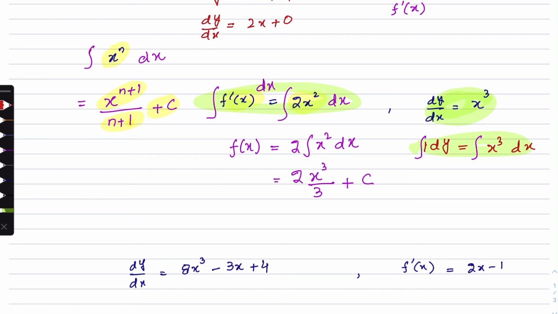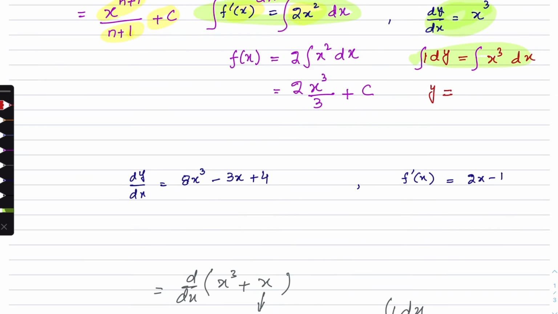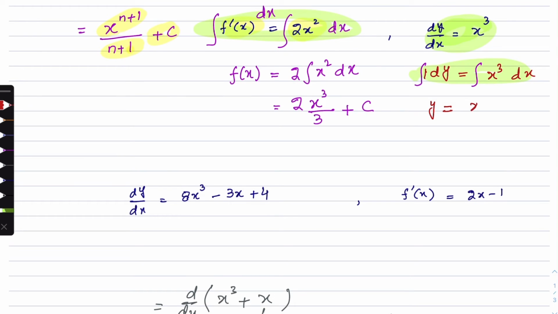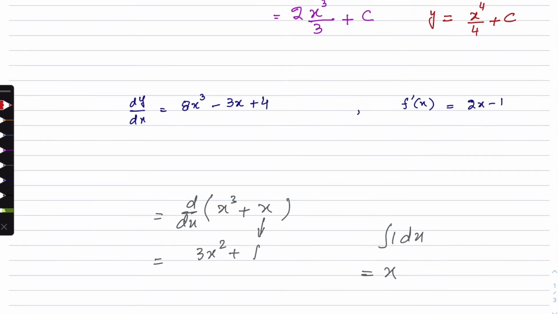Y. The integral of 1 with respect to x is x, while the integral of 1 with respect to dy is y. We know that the function is always represented by y or f of x. So this dy gives us y, and here we get x power 4 divided by 4 plus c. Got it?